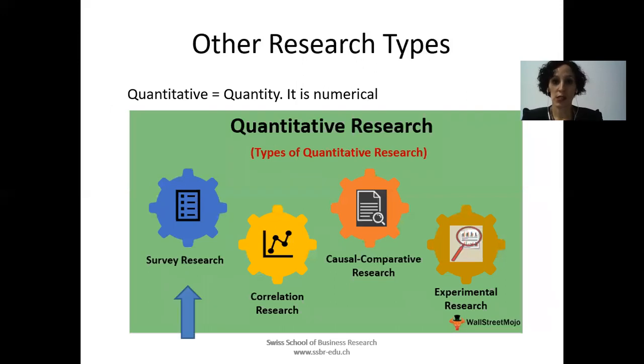When we see quantitative, it's definitely numerical. And as you can see here, I'll go into just a few types, but for example, survey research is just that. You send out a survey. The more people that answer, the better.